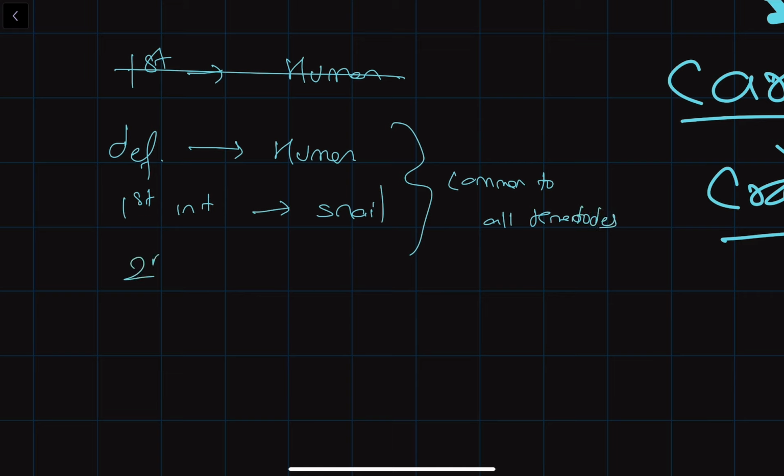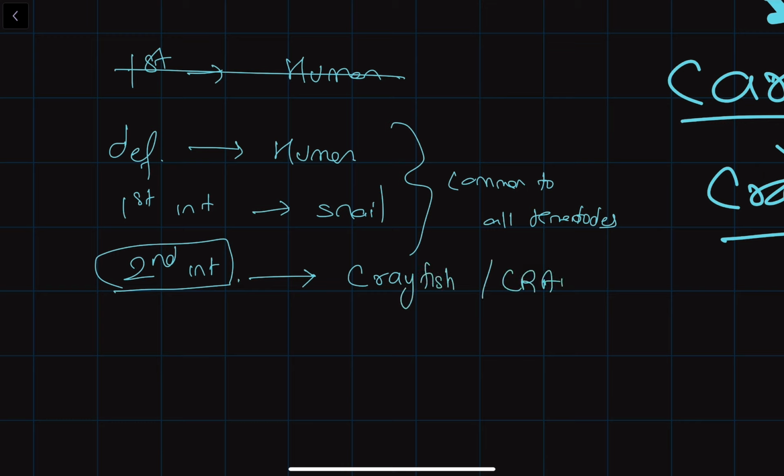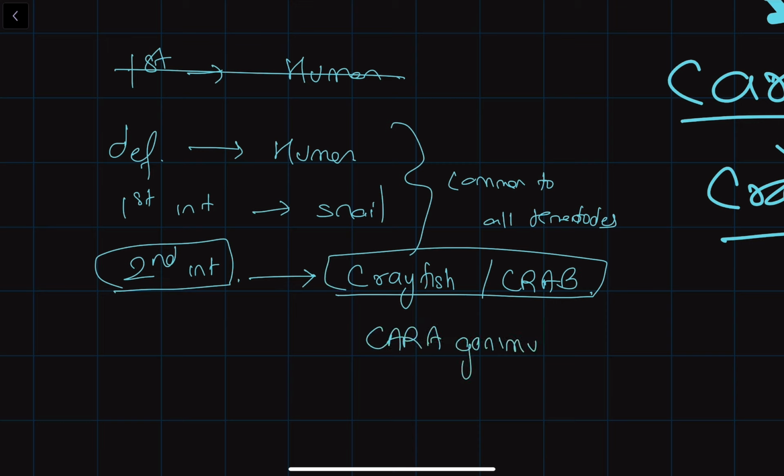And there is a second intermediate host which is different in different trematodes. For Paragonimus it is crayfish or crab. That's why I told you to remember it as Paragonimus: Cara for crayfish or crab.